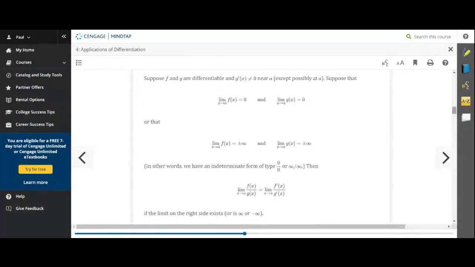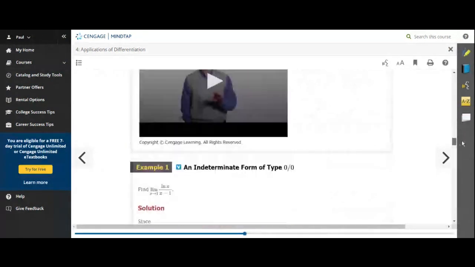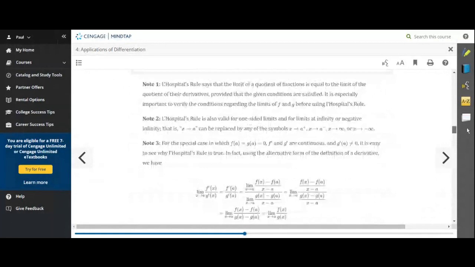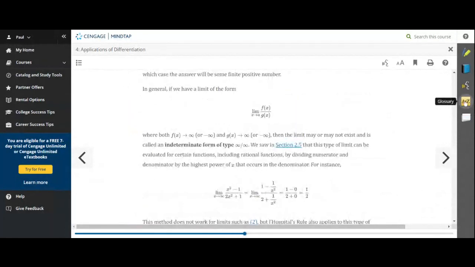And this rule actually was discovered back in the 1600s by the Marquis de L'Hopital. He lived from 1661 to 1704. Well, they say it was discovered, they have a little footnote here in the ebook that talks about where the rule comes from.